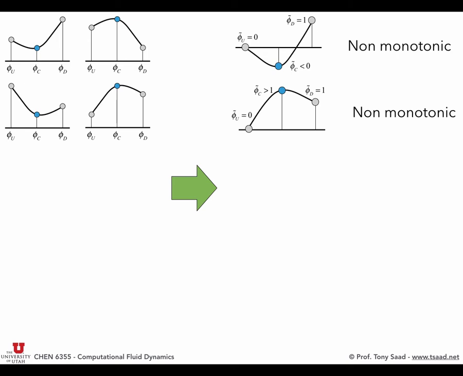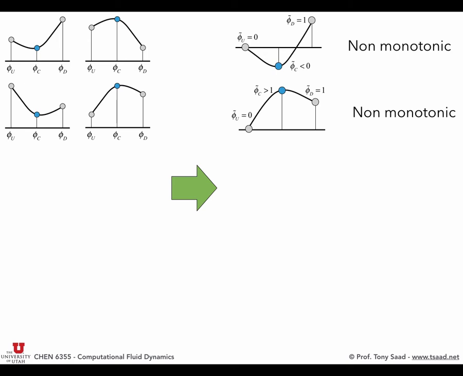Notice that here, phi c is either less than both or greater than both. Over here is the same situation, but phi upwind is greater than phi downwind here, and phi upwind is less than phi downwind over here. Once you transform this into phi tilde space, phi tilde upwind is always 0, phi tilde downwind is always 1, and now phi tilde c is greater than 1. So if phi tilde is less than 0, we are non-monotonic. If phi tilde is greater than 1, we are non-monotonic, because those are non-monotonic functions.